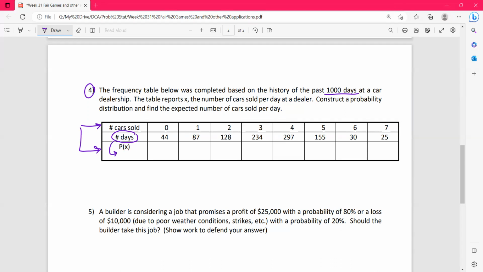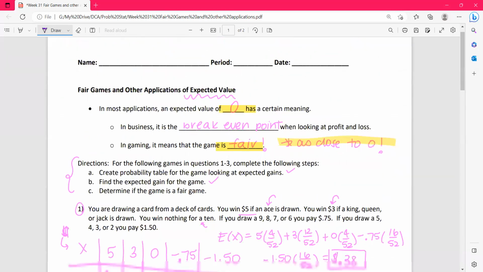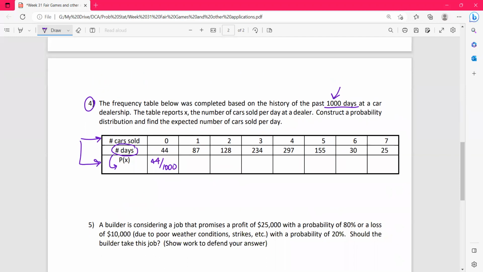So number of cars sold, 0 cars were sold on 44 of the days. Total days were 1,000. So the probability is 44 out of 1,000. Normally, in our probability distribution table, we have whatever we're looking at and the probability of that. So here we are looking at cars sold and the probability. I just need that other piece of information.